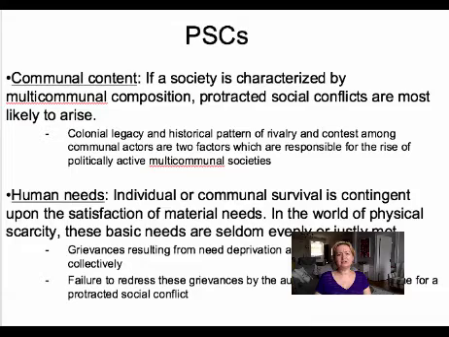So if a society is characterized as multi-communal, then protracted conflicts are most likely to arise. Moreover, colonial legacy and history of rivalry and some kind of a contest among communal actors are 2 factors which are responsible for the rise of politically active multi-communal societies.